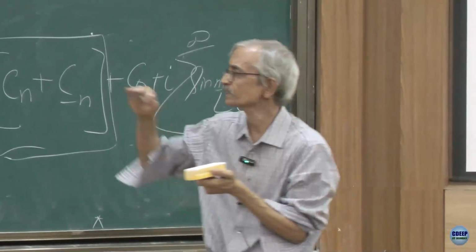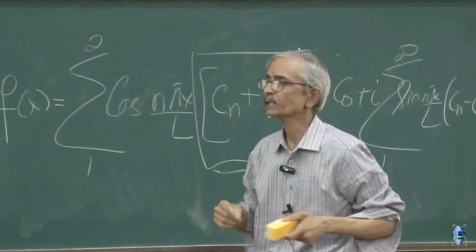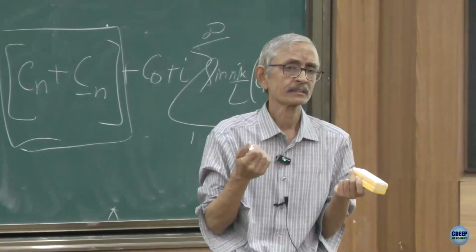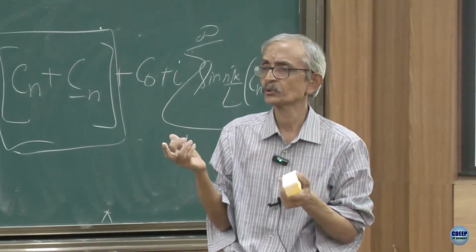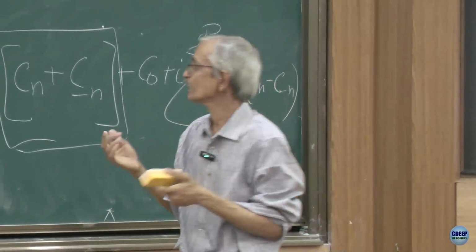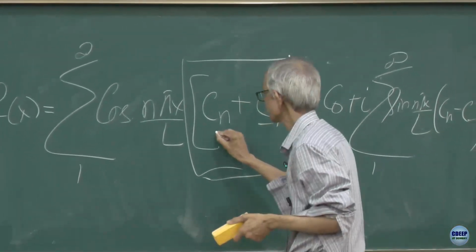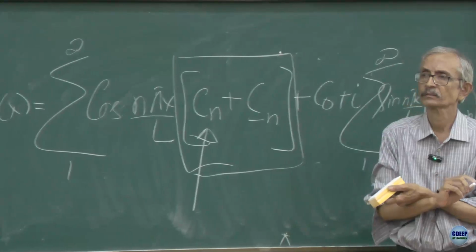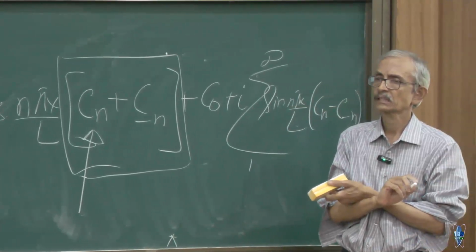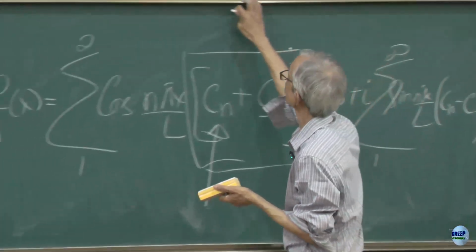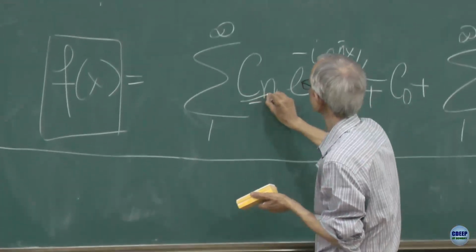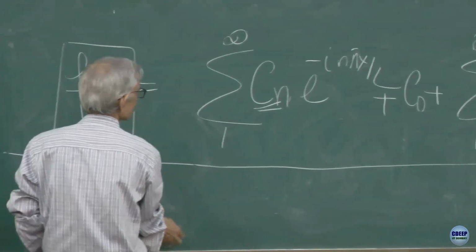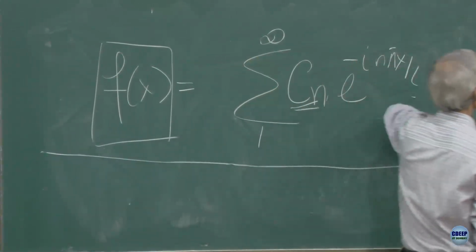So this representation should be identical to the previous representation that I had. There's no reason why it should not be. And therefore, what should I do? Is this a complex number or a real number? Cn, what is Cn?